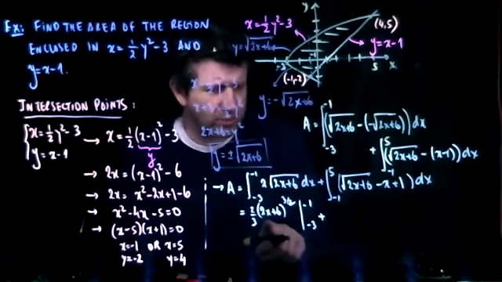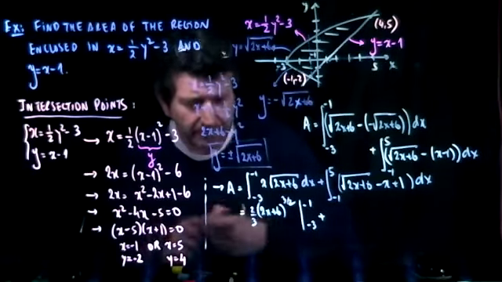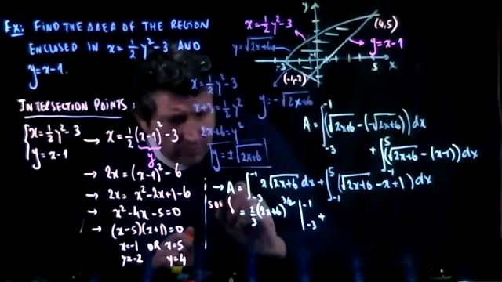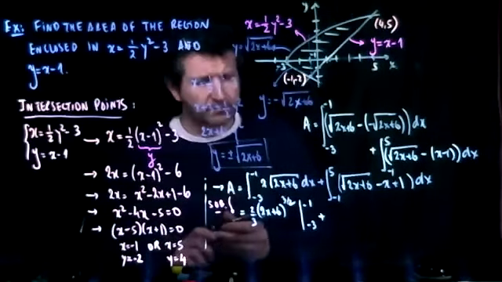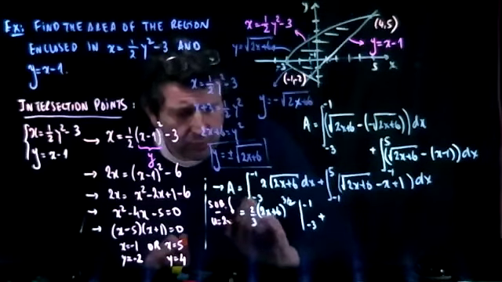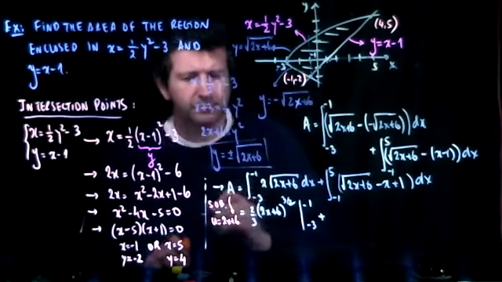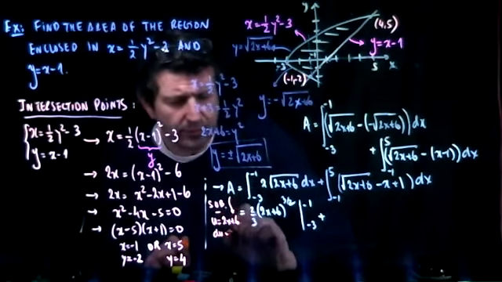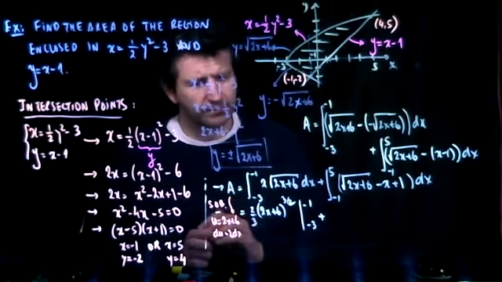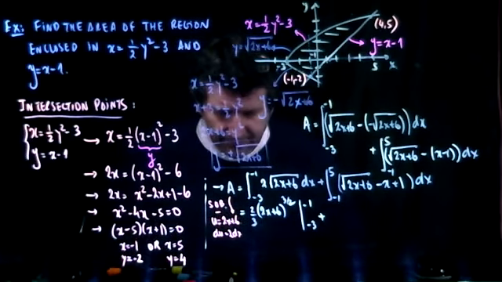Okay, so the substitution. I'm going to write here: substitution, u equals 2x plus 6. Okay, and du is equal to 2dx.